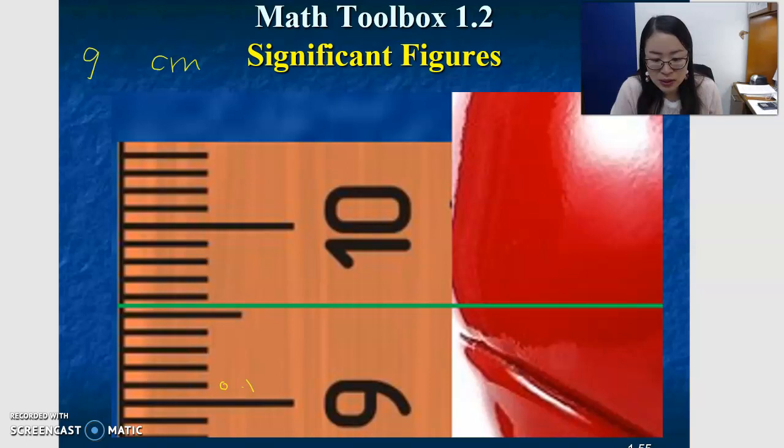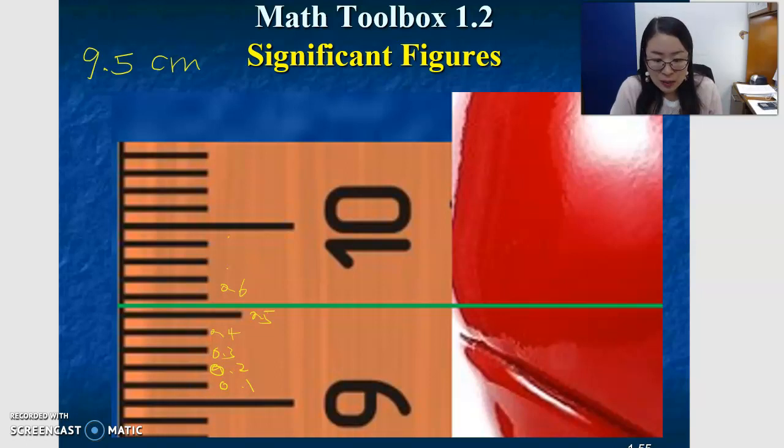This is 0.1, this is 0.2, 0.3, 0.4, 0.5, 0.6, and so on and so forth. You can see it's already past 0.5, right? We all agree it's already past 9.5, but it hasn't reached 9.6 yet.